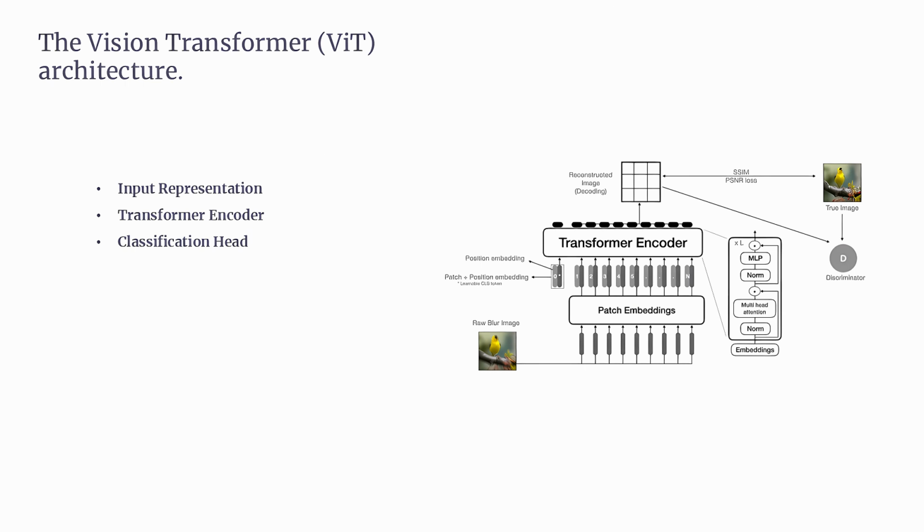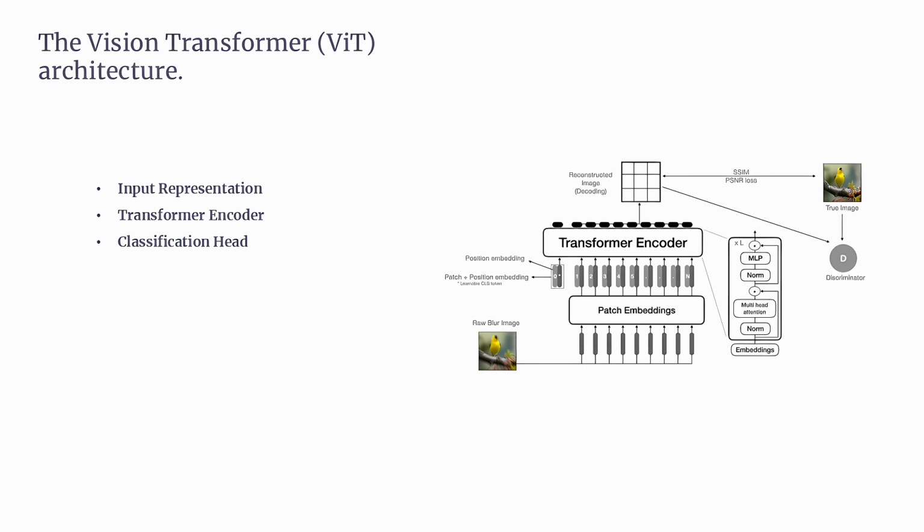This token aggregates information from all patches and is used to produce the final image classification prediction. Then, in some variants of ViT, instead of using the CLS token, the output embeddings are pooled, typically using global average pooling, where the average of the patch embeddings is taken as the final representation of the image.